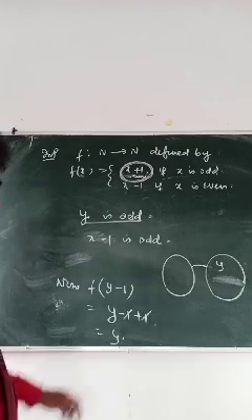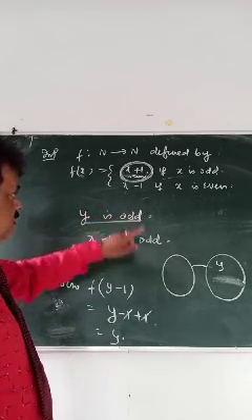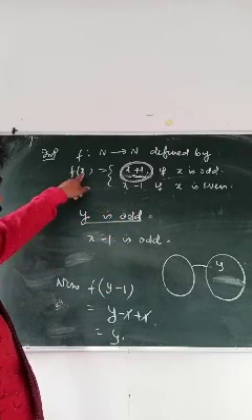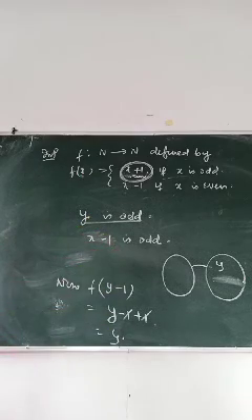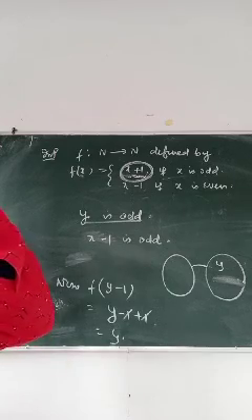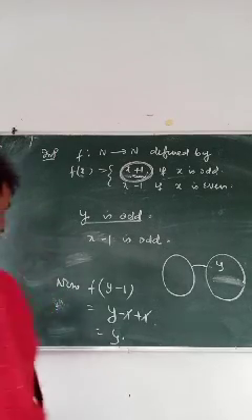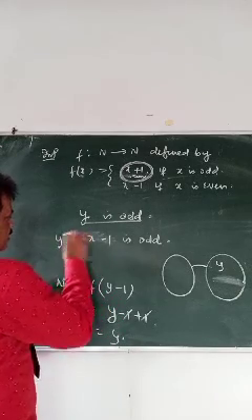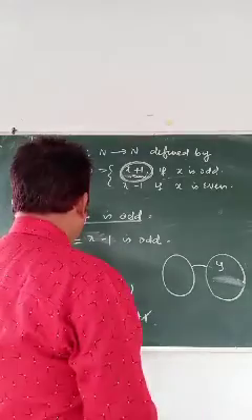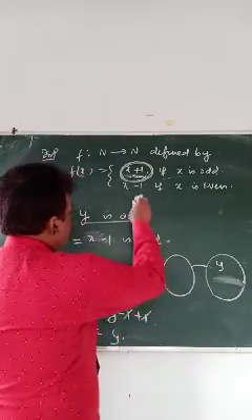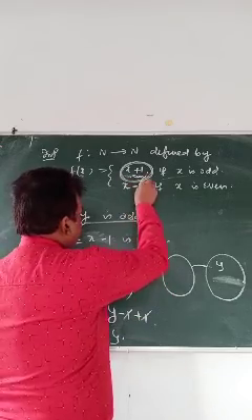Because if y is odd, then the value of y will be x minus 1, which is odd. Why? Try to understand. Y is x minus 1.